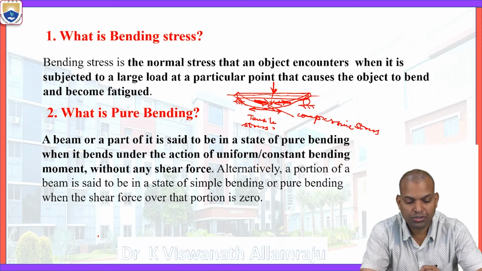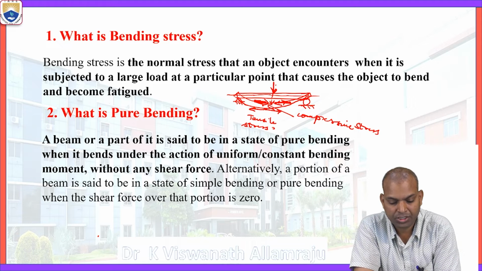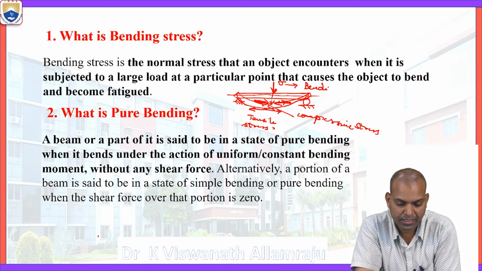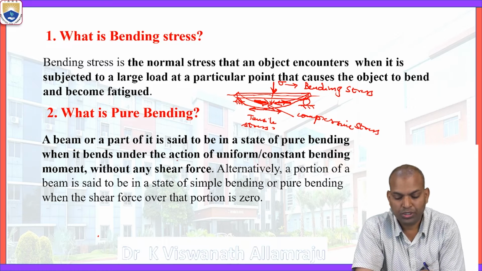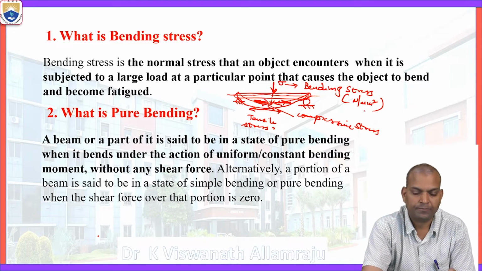This stress is known as the bending stress. In this chapter, bending stress is denoted by sigma. Sigma is the bending stress. The unit for bending stress is Newton per square millimeter.